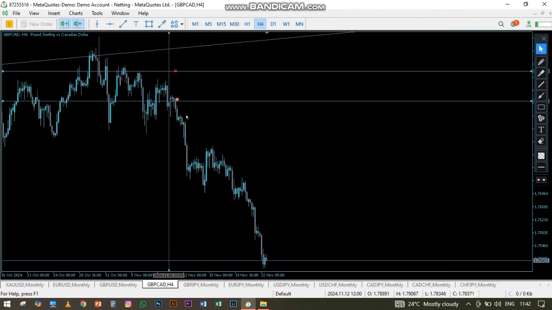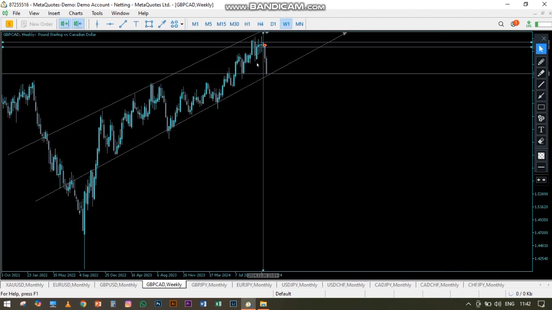So you might be asking how do I know where to exit from, or where to possibly target? I'm going to run you back quickly to the weekly time frame where we had drawn some of these lines, you can see this support line and also this resistance line. Those are the lines we are going to be targeting.